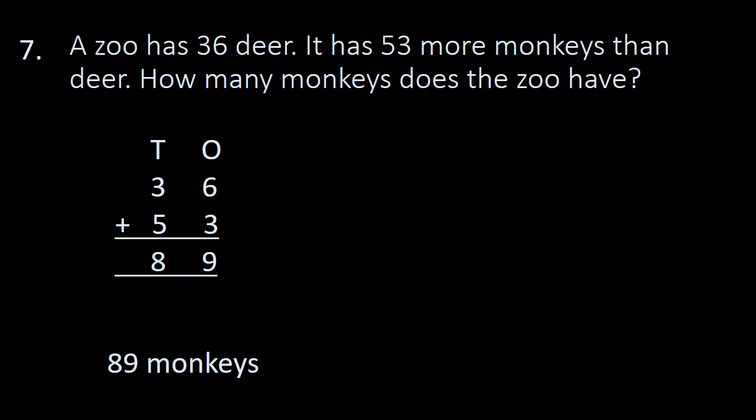Now add 6 plus 3 is equal to 9. Write 9 under ones place. Then add 3 plus 5. 3 plus 5 is equal to 8. Write 8 under tens place. Hence, we get the answer 89 monkeys.